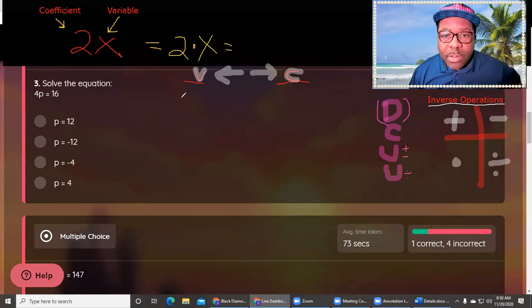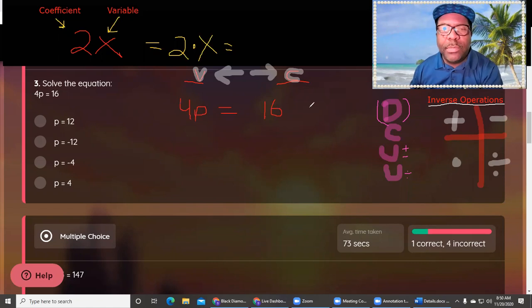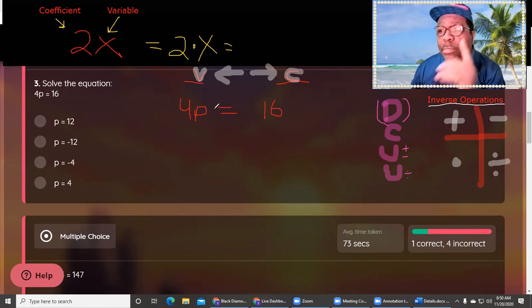All right, so as always, I'm going to rewrite it because it sinks it into your brain a little deeper, okay? So 4p. Now, 4p is really 4 times p, right?